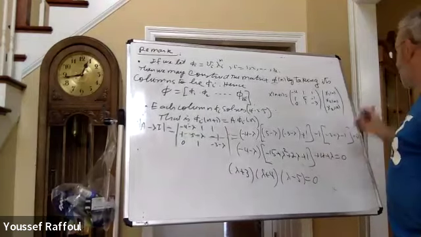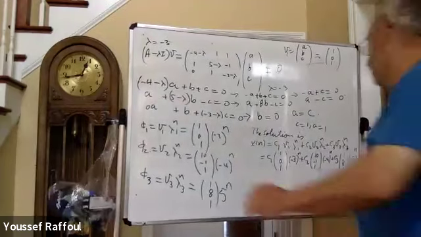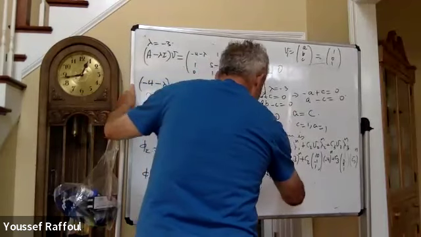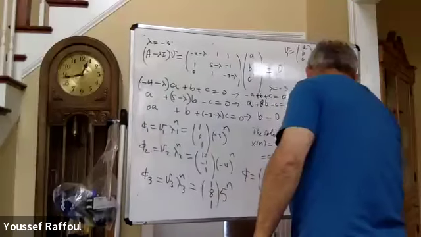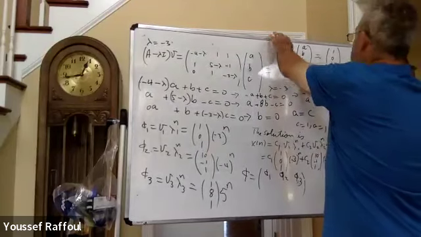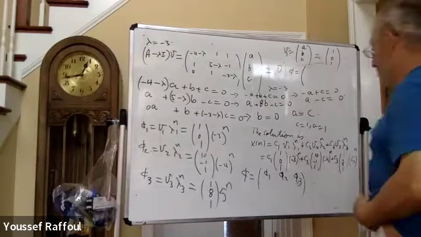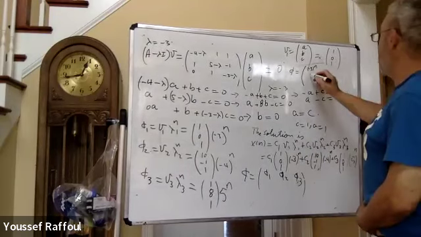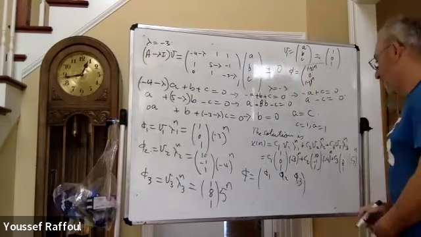And remember what xn is. Xn is x1, x2, x3. And now the vector phi is phi1, phi2, phi3. And so the vector phi, I'm going to write it here, is -3 to the n, 0, -3 to the n.